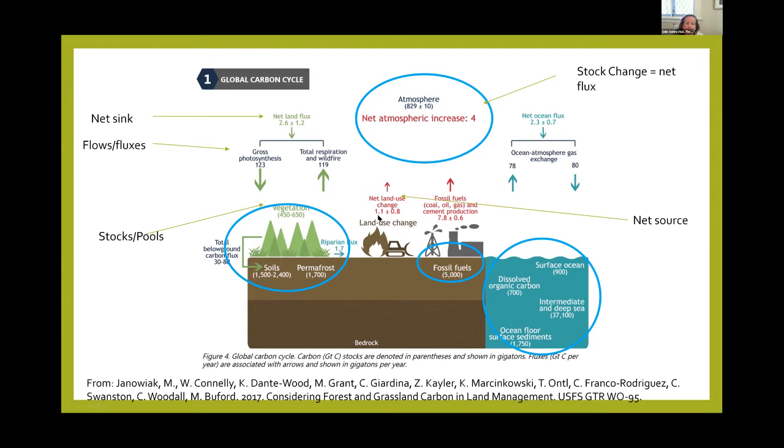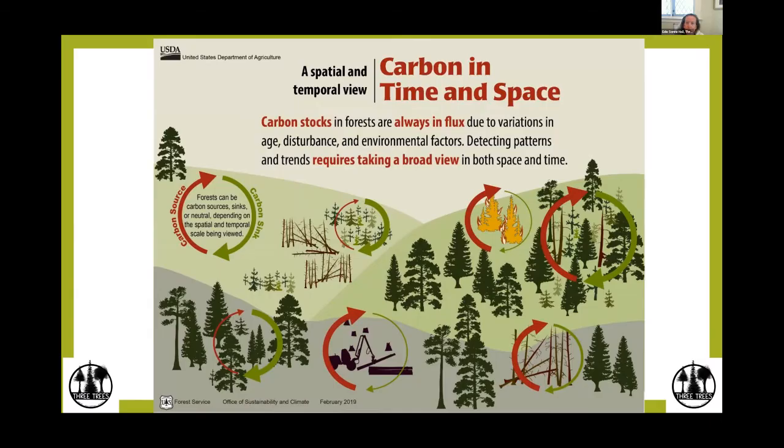If you have a net flux, that is the net change in between, say, the atmosphere and vegetation. And that can also be known as a carbon stock change. Currently, both the land and the ocean are, on an annual basis, a net sink. But there is a lot of variation depending on where you are in the world and what your main drivers are. So what does that mean for a forest?